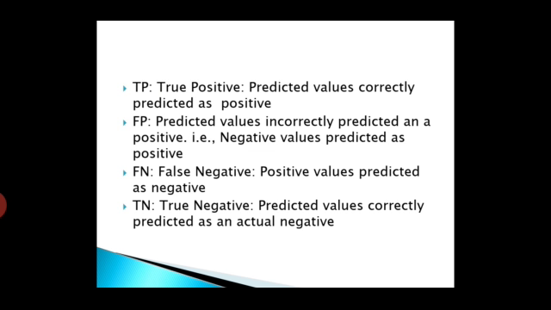True positives are the predicted values correctly predicted as positive, and false positives are the predicted values incorrectly predicted as positive, that is, negative values predicted as positive. Similarly, false negatives are positive values predicted as negative, and true negatives are the predicted values correctly predicted as actual negative.